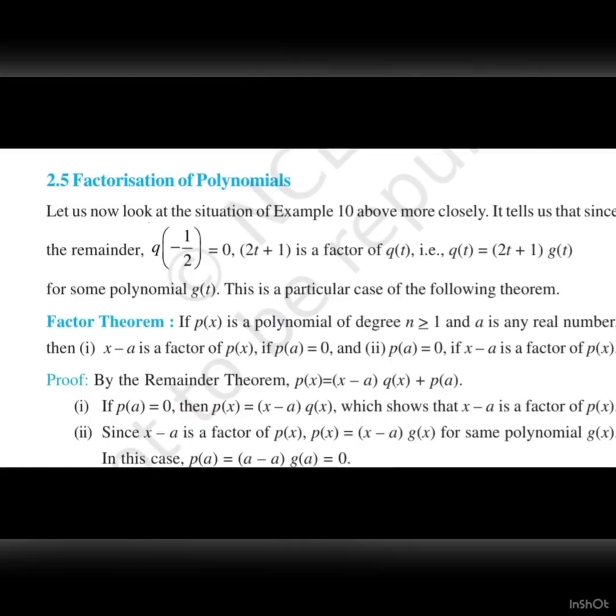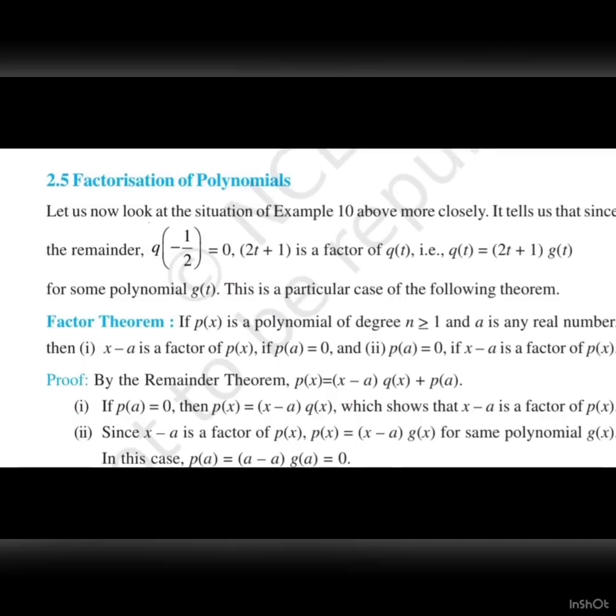Now according to the division algorithm, dividend is equal to divisor into quotient plus remainder. Here the dividend is p(x), the divisor is x minus a, the quotient is q(x), and the remainder is the value of the polynomial p(a). So I can write p(x) as (x minus a) into q(x) plus p(a) using the division algorithm.